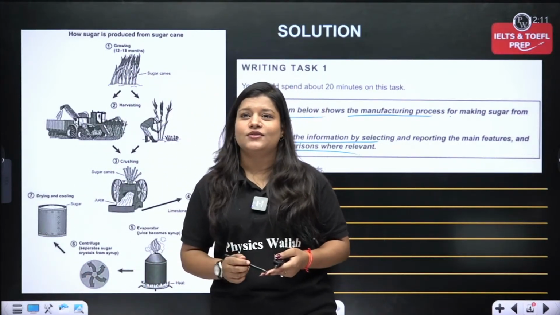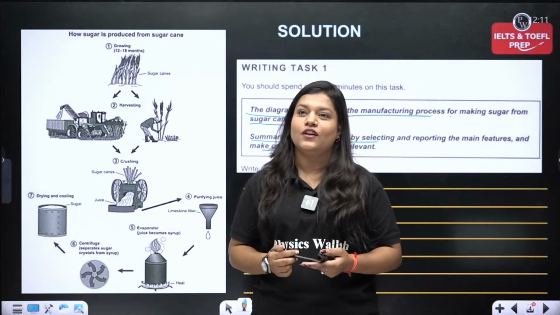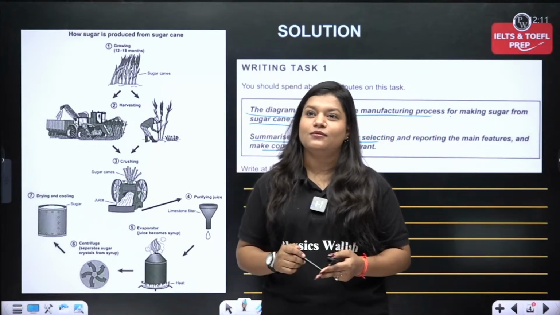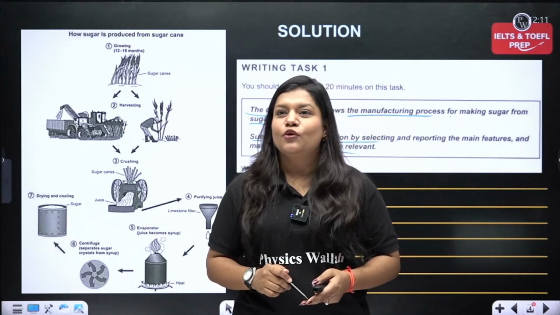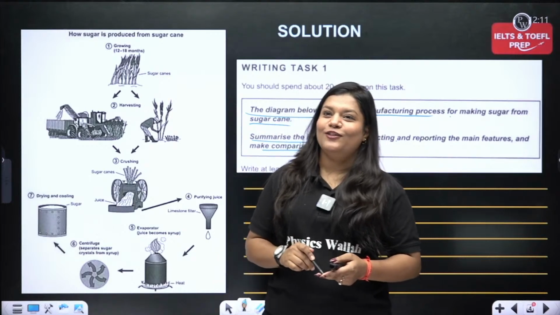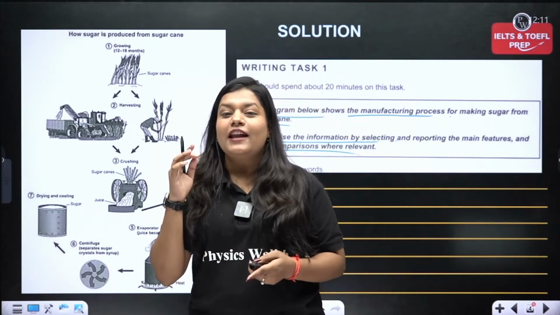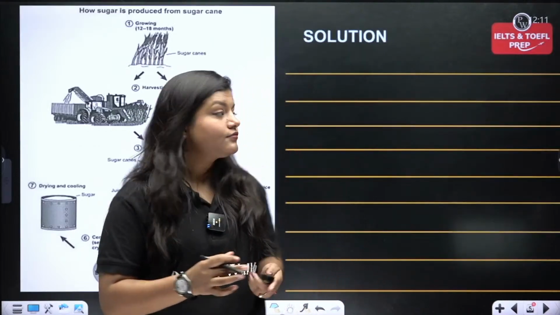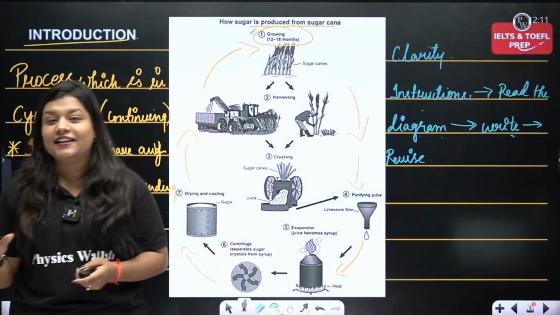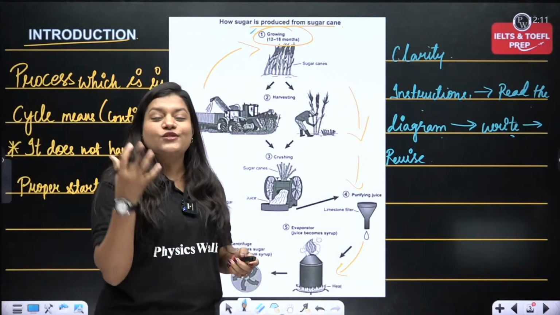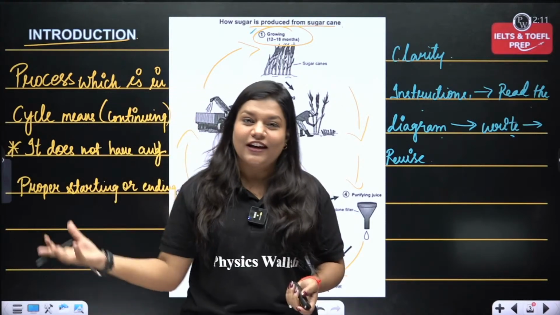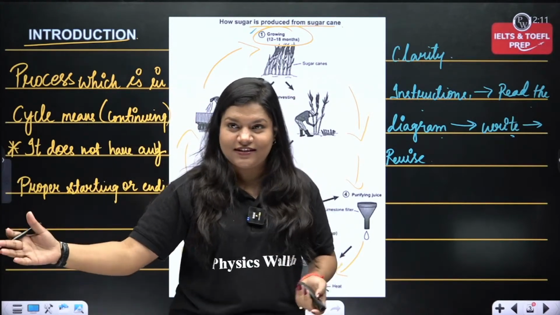Ma'am, can we extend writing based on the image given? Like in the image, the man is plugging some crops. Can we write he is plugging wheat or barley crops? Sumit, if you have a clear look, the diagram is entirely based on extracting sugar from sugarcane. The entire process is being discussed over here.